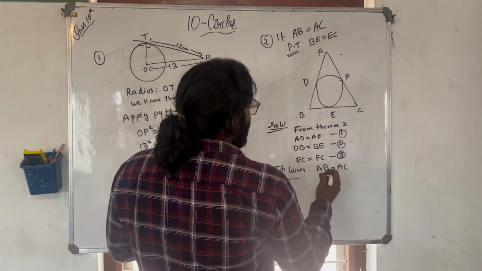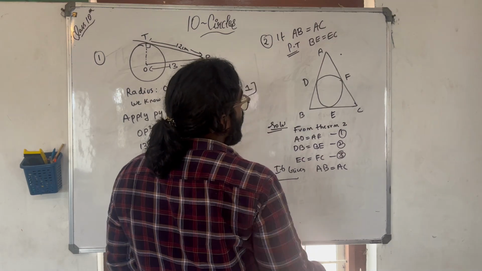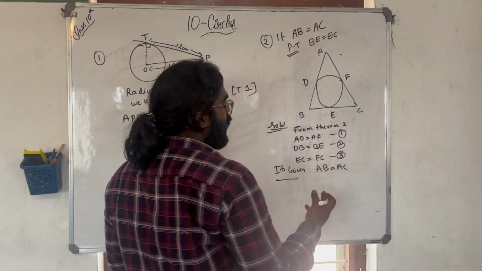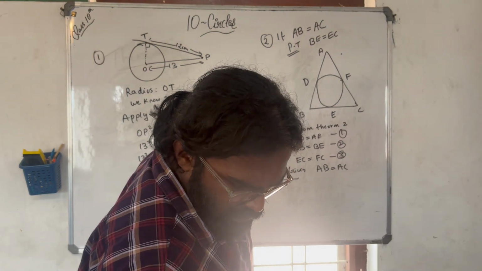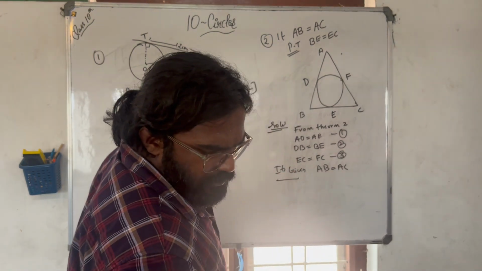From there you have to find this. Can I minus AD from AC? So I think we can subtract AD from both sides.